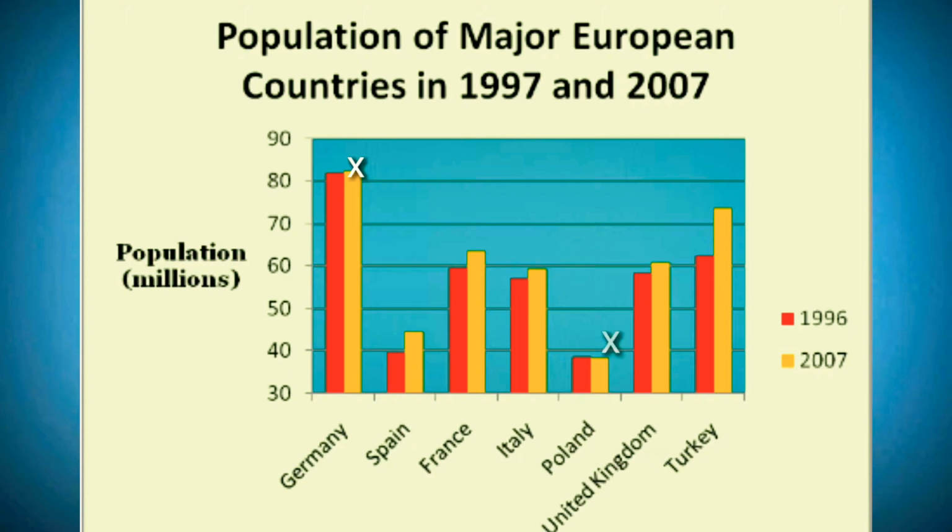And then you can conclude with a general statement stating what you've seen on the image. Now, a little secret here. You can actually start with the bar with the lowest point and then the highest point, or you can pick any bar whatsoever. So for this case, I could talk about France, I could talk about United Kingdom, I could talk about Italy first, and not in any particular order.